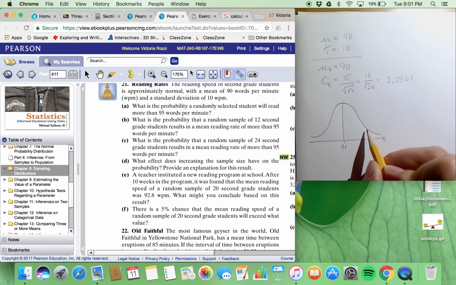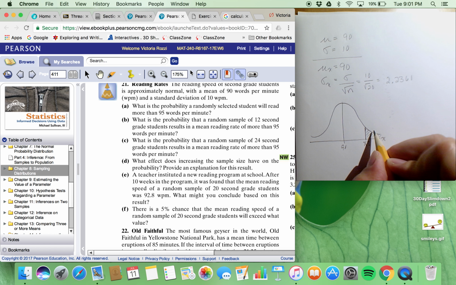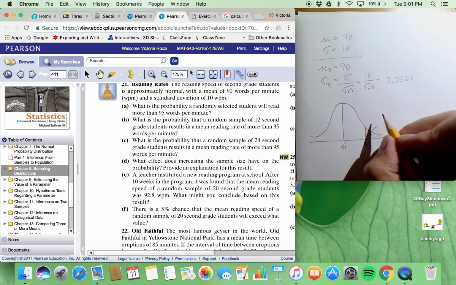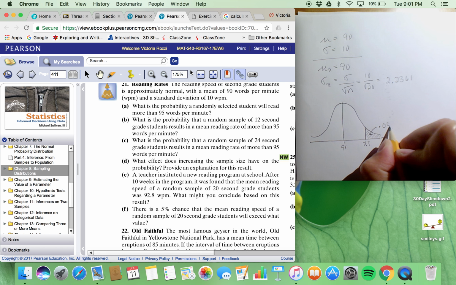They're saying 5% is not very much, so we're going to put our line over here and ask what this x would have to be for this area to be 5%. Remember, our areas are going to be expressed as a decimal, so 5% is the same as this area being 0.05.